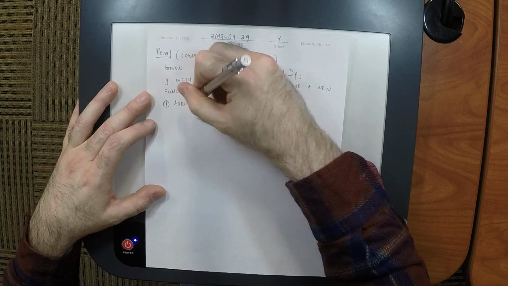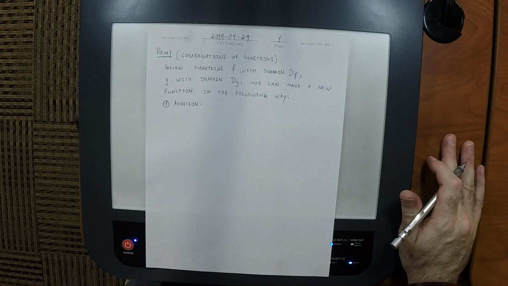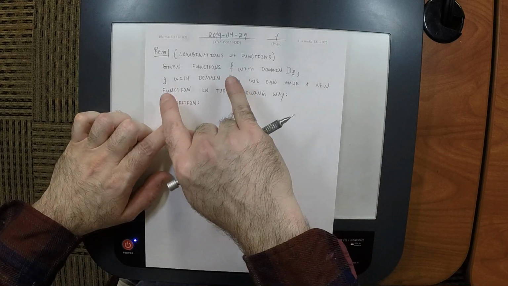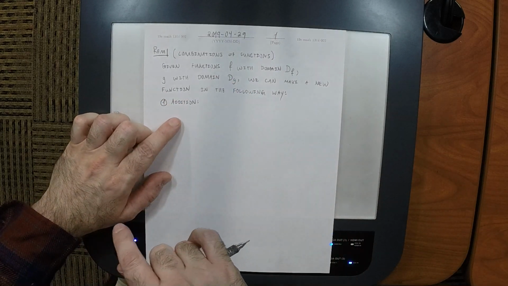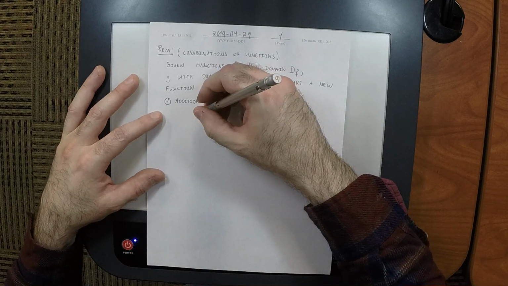Now this is just like if we were given two numbers, say 3 and 5, we can make a new number by adding them together. 3 plus 5 is 8, a new number. All right. So what I'm saying is that given two functions, we can combine them to make a new function, and we could do it like this.